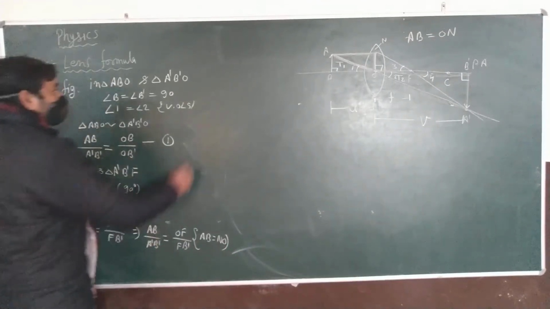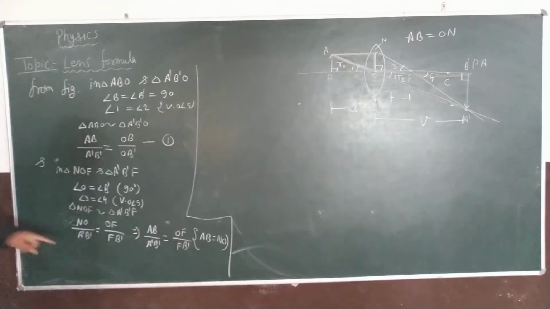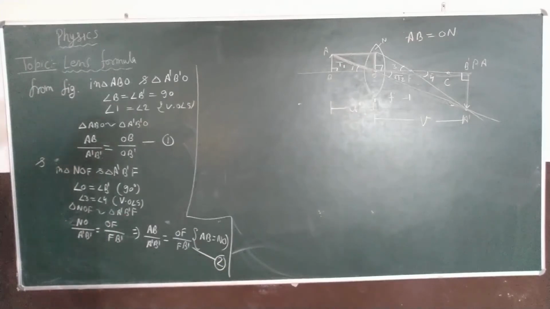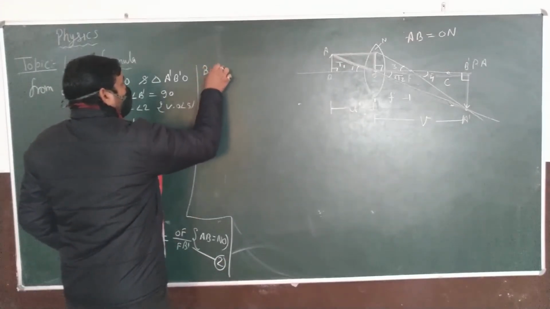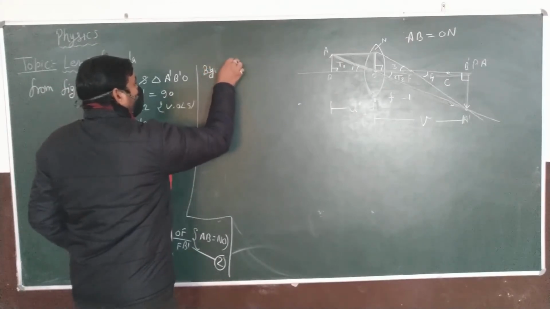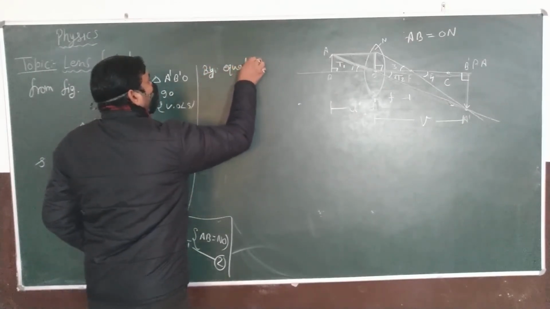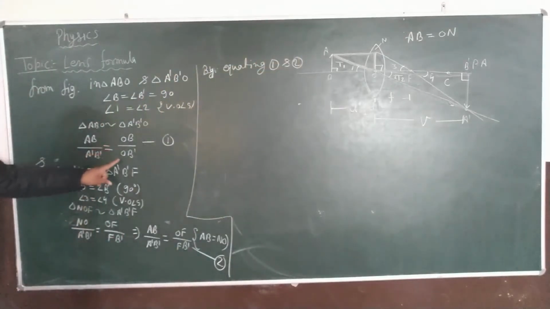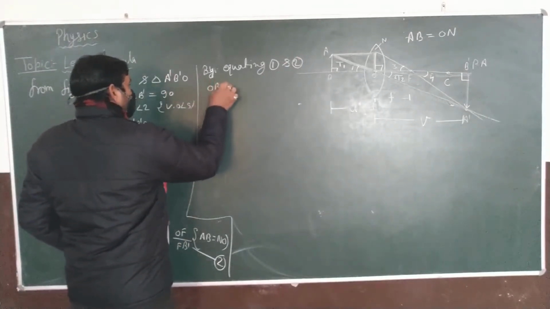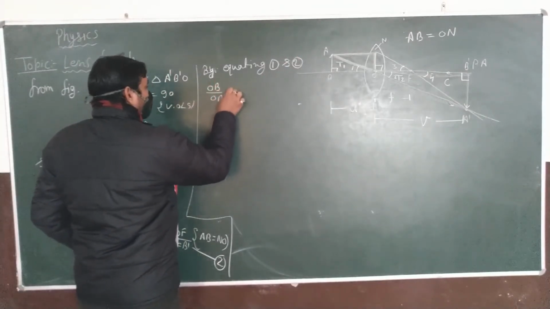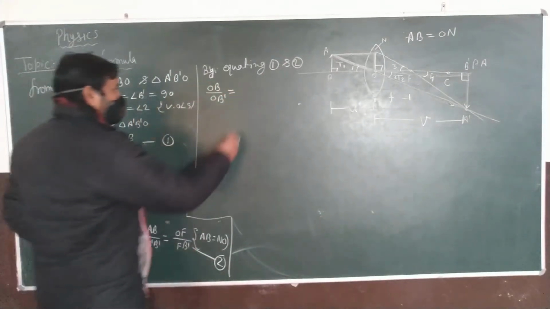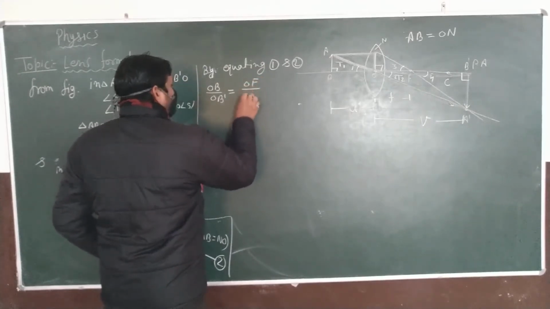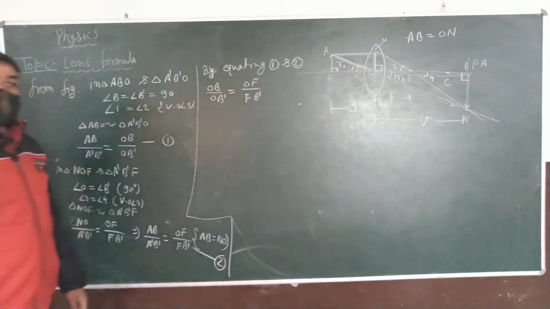Now this is equation second. By equating equation first and second, we get OB upon OB dash is equal to OF upon FB dash. It is clear or not?